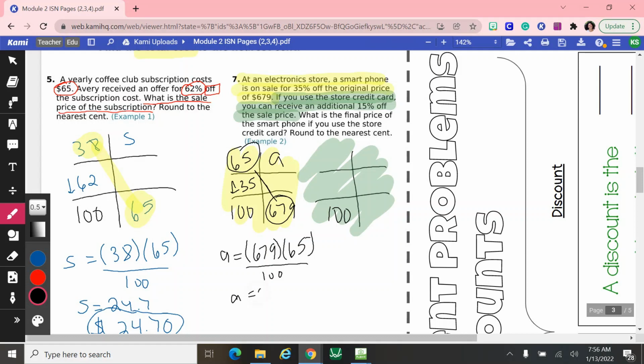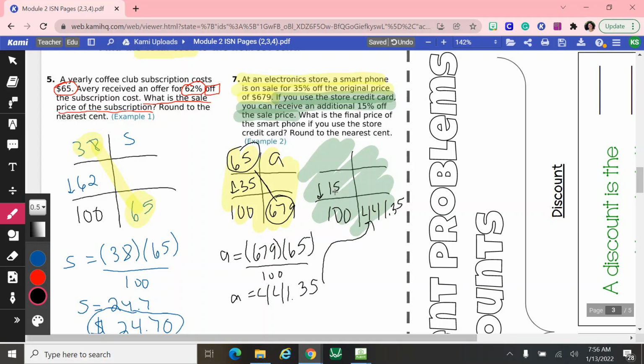I calculated 441 and 35 hundredths, which means that this is the amount I'm going to put here for that additional 15% off. And so I'm just going to jot that in right now, 441.35. So our additional discount, if we use the store credit card, is 15%.